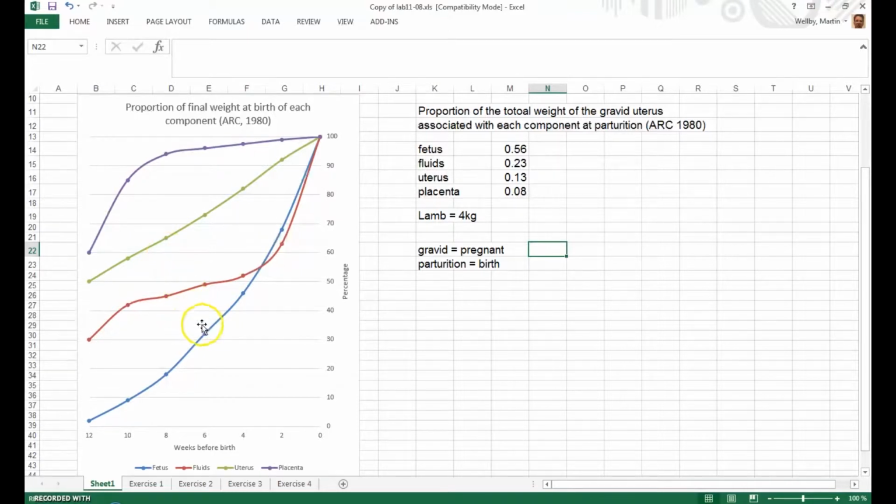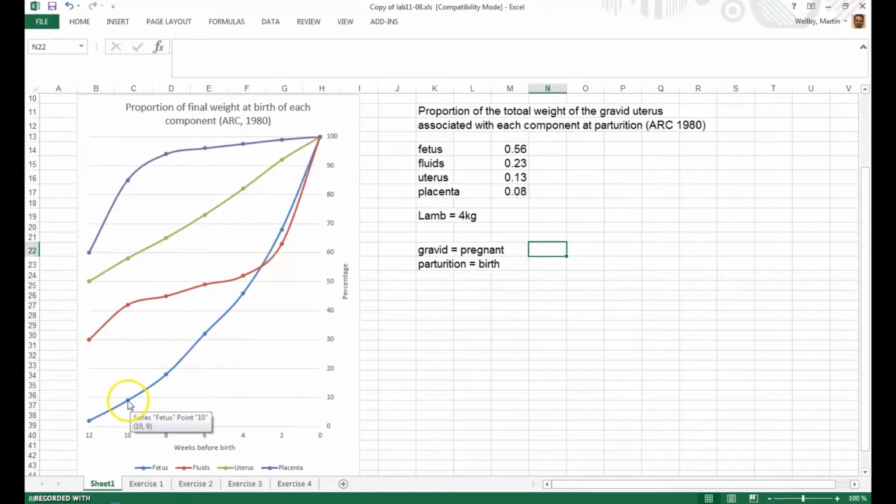And basically they're telling you what proportion of their final weight each one of these components is coming up to birth. So for instance, this point here is saying that at 12 weeks prior to birth, this is the fetus line, if you read off through here, it weighs about 2% of its final weight.